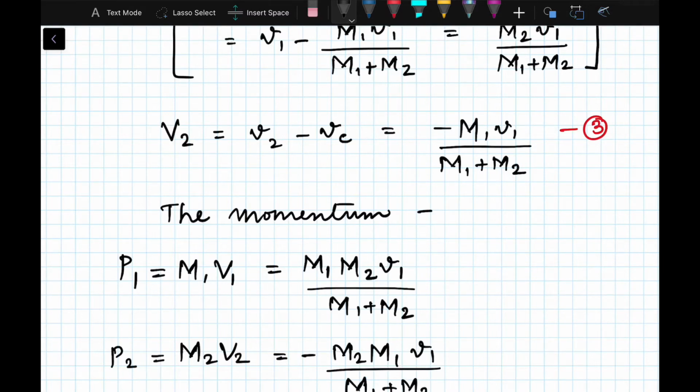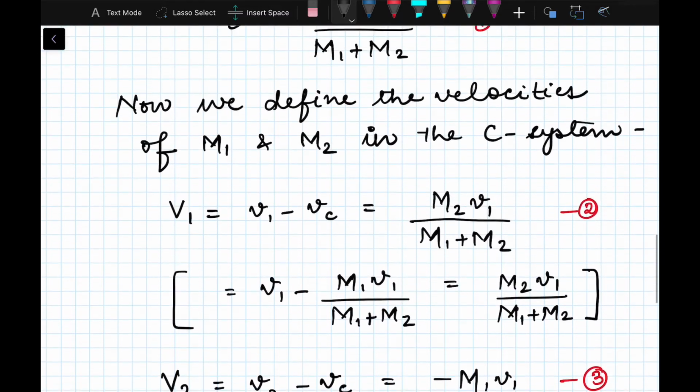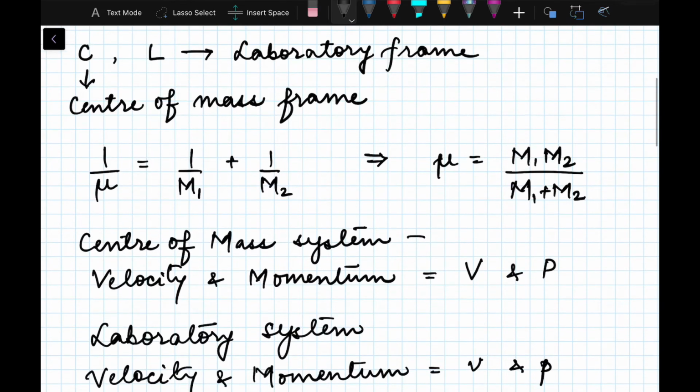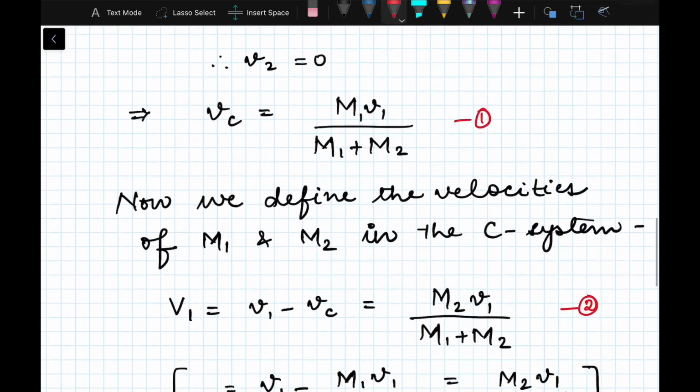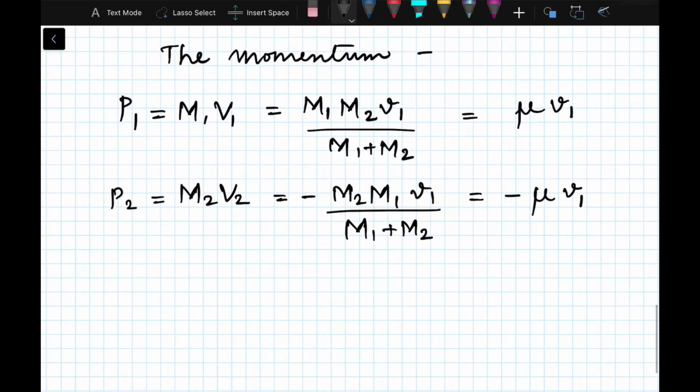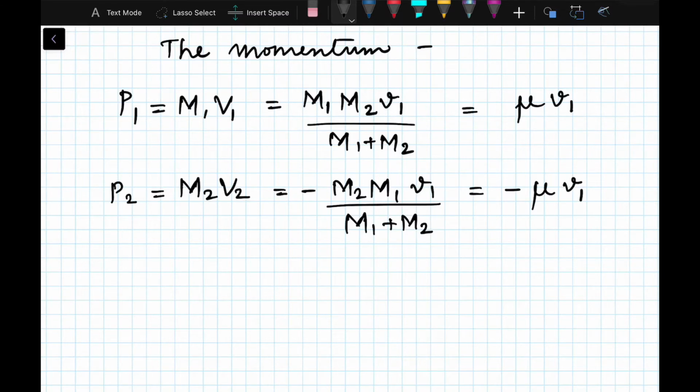Now from the equation of reduced mass, which we already calculated earlier, mu is equal to m1 m2 over m1 plus m2, we find that this is nothing but mu times small v1, and this is negative of mu times small v1. So now as you can see, the momenta of these particles are equal in magnitude but with opposite direction.